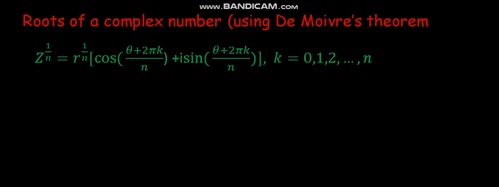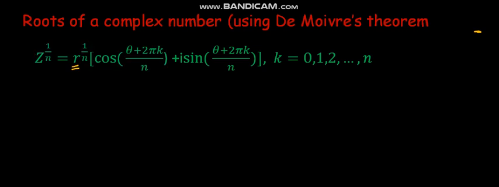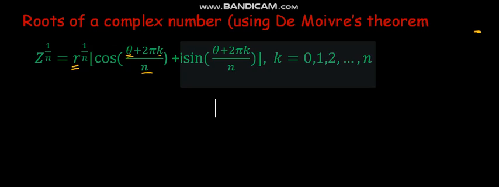It tells us that if we want to find the root of a complex number, we shall say that it is r^(1/n) [cos((theta + 2 pi k)/n) + i sin((theta + 2 pi k)/n)], where k can run from 0, 1, 2, 3 up to n.